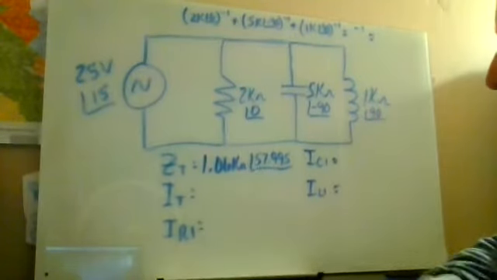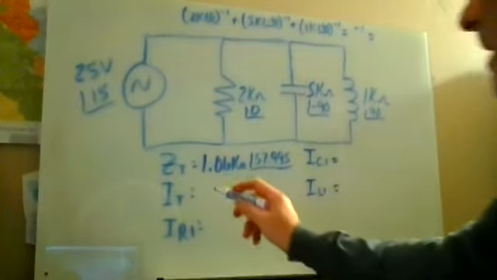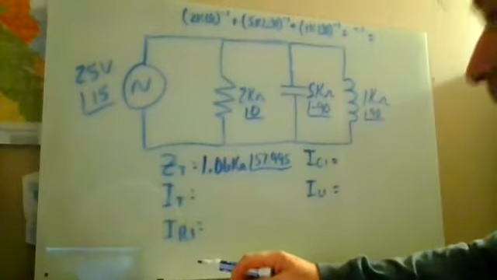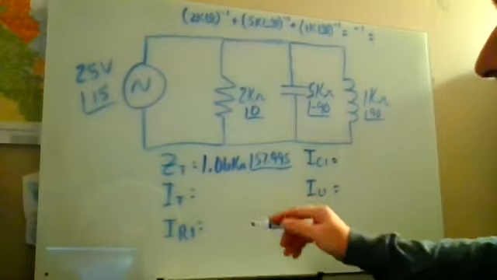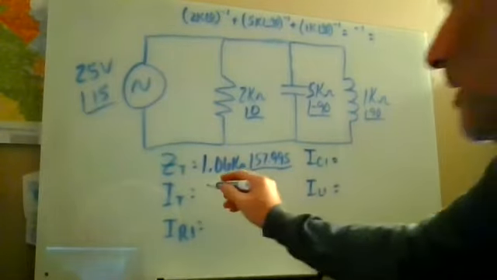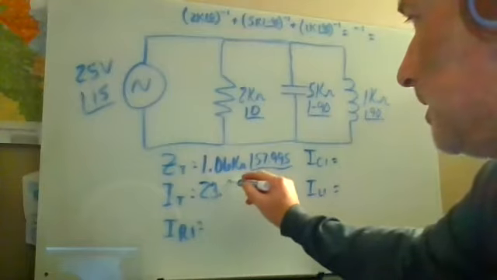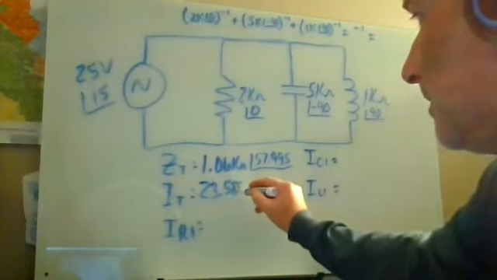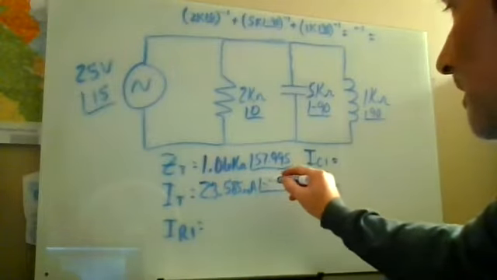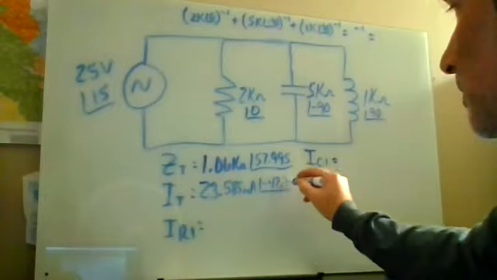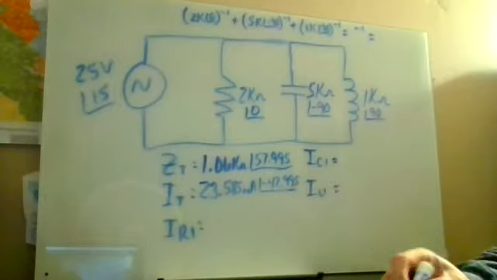And it should give you your I total, which is probably going to give you 0.023585, and a bunch of numbers. So we're gonna move our decimal place and we're gonna get 23.585 milliamps at an angle of negative 42.995.